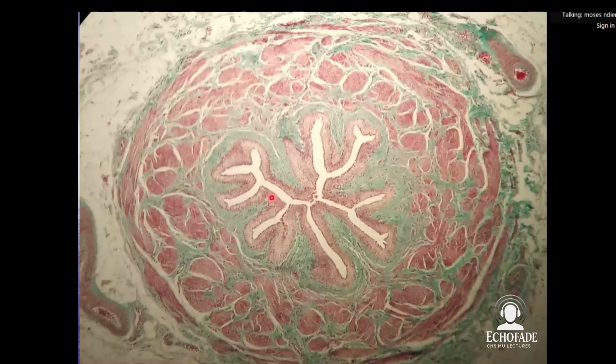So when the urine fills up, it pushes this membrane outwards and therefore shuts the entry into the bladder. This is what we refer to as a shutter valve mechanism. And this shutter valve mechanism ensures that urine does not flow back into the ureter.